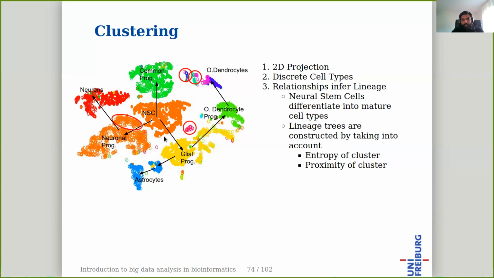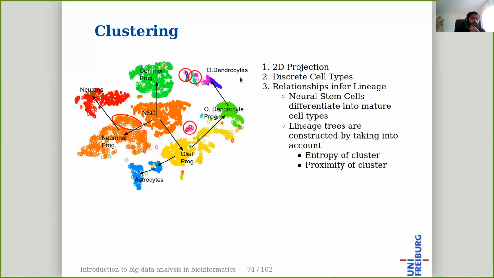it is assumed that the stem cells, the ones that actually differentiate to other cell types, have higher entropy, because they tend to give rise to or differentiate to different cell types. That's why you see that generally neuronal stem cells have a higher entropy compared to astrocytes or oligodendrocytes, because they are mature cell types, and the entropy must be lower.